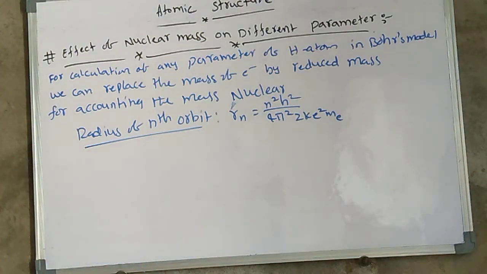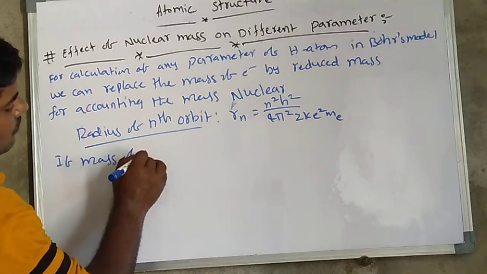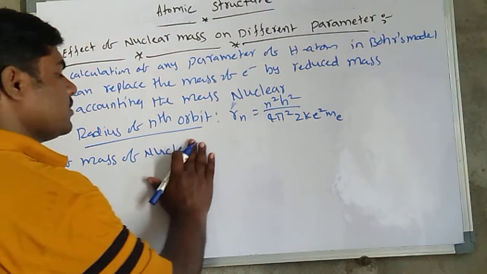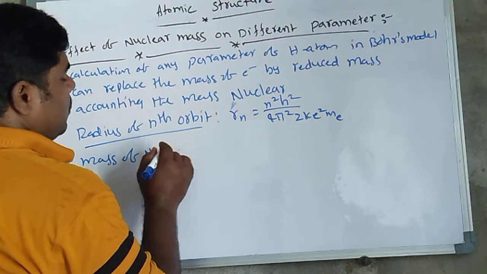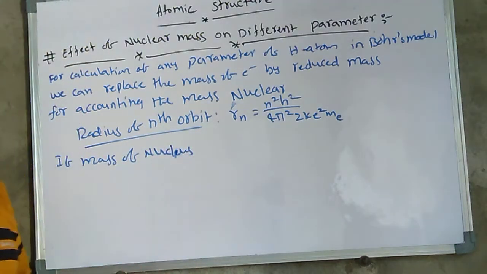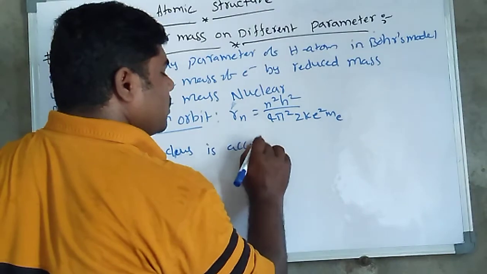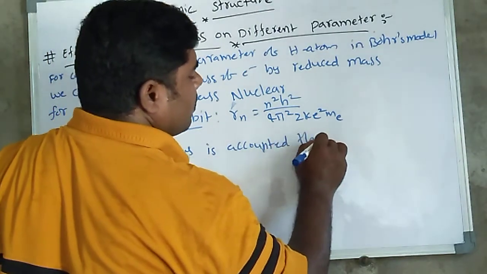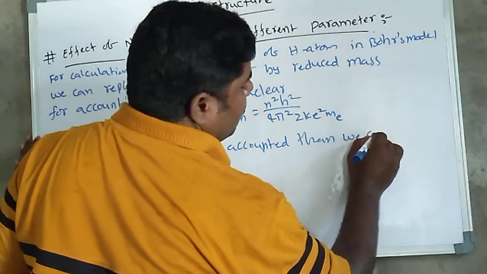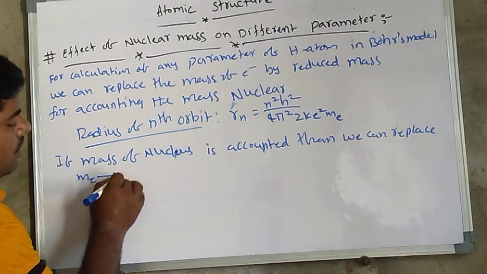If the mass of the nucleus is accounted, then we can replace me by mu.